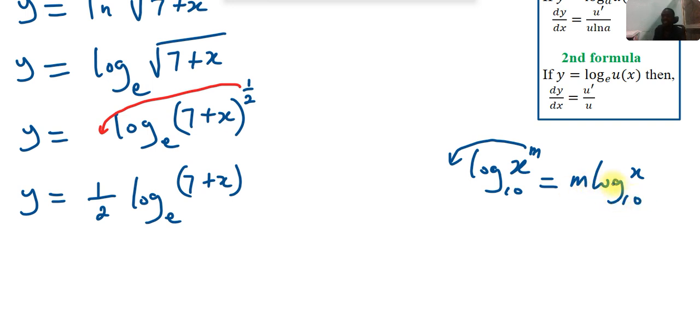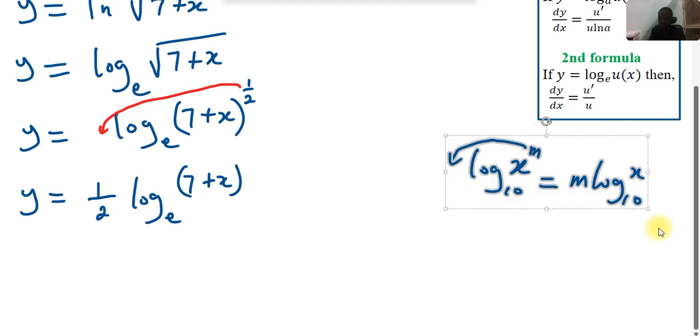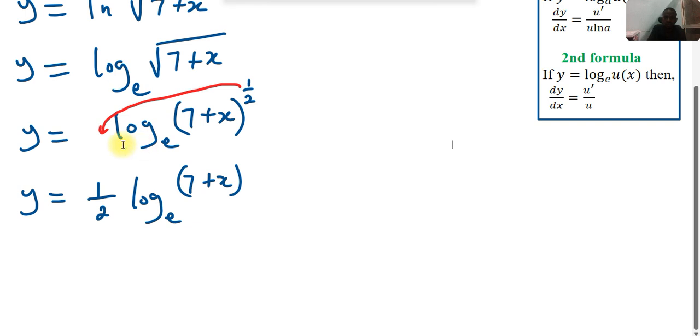So that's just the principle that I used here. I brought this half to the front of the log. So we are going to deal with this without the half. The half will be taken as a constant.